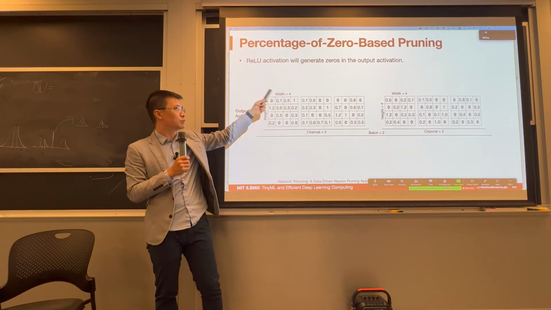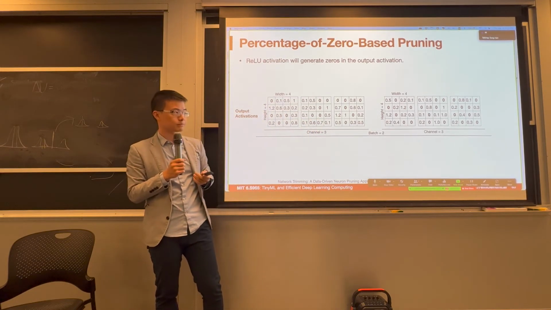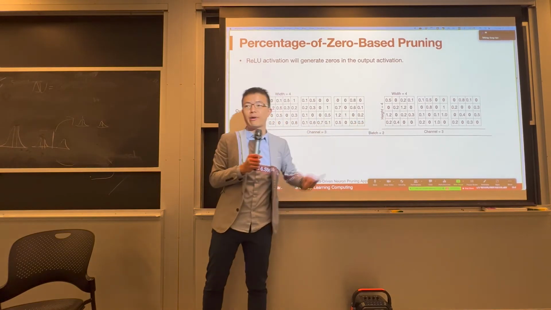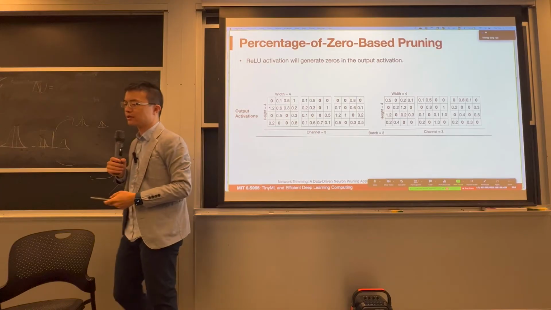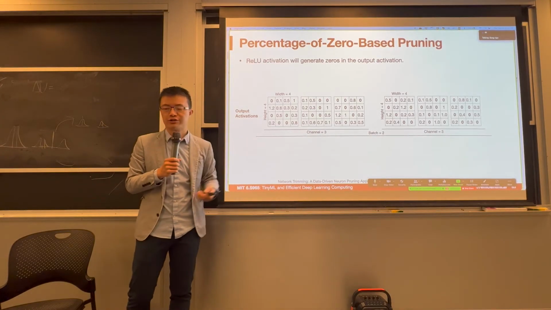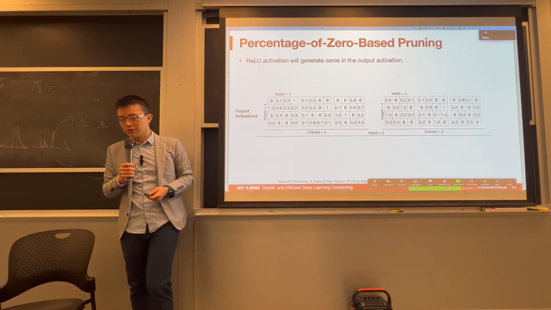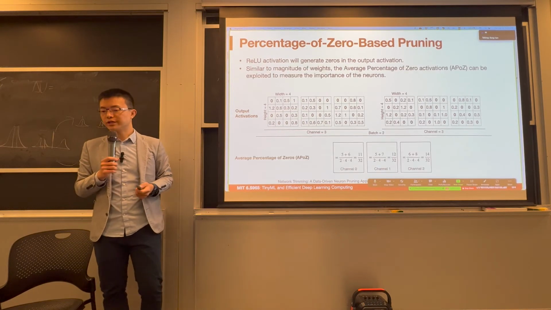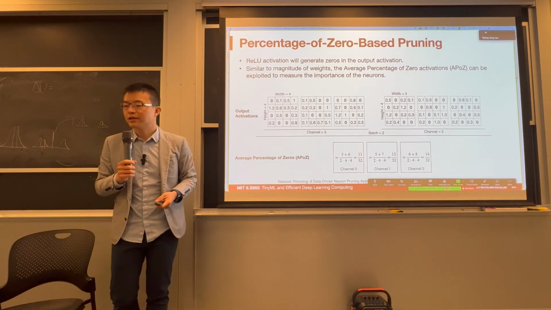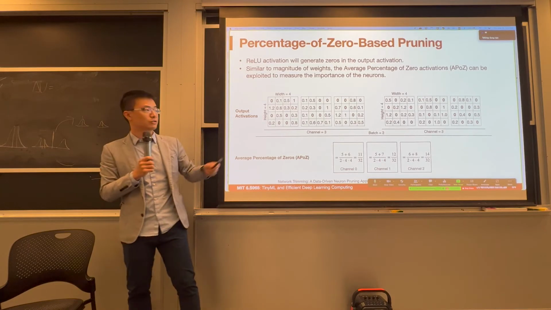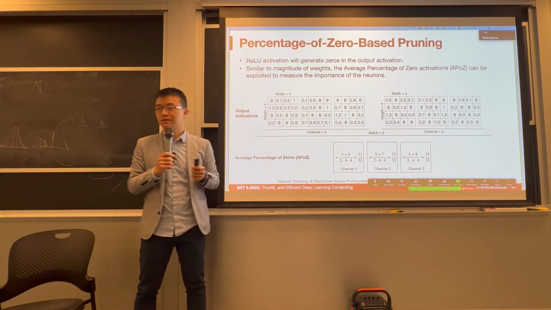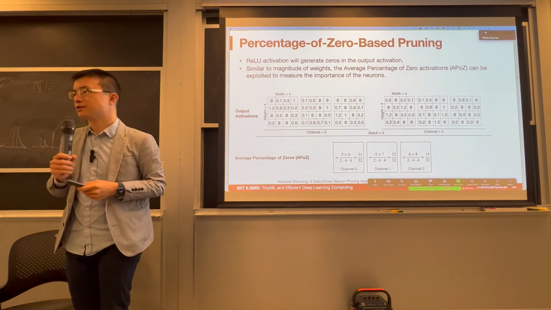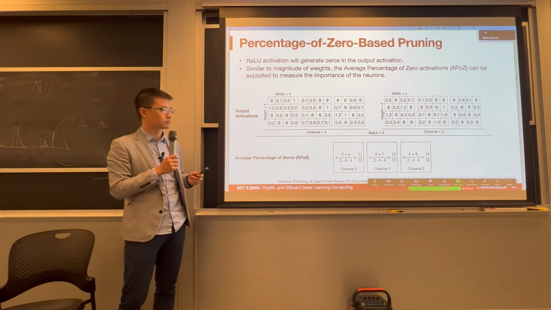If we prune this channel, since we are considering multiple images, the same pattern has to be applied to the second image since they are in the batch dimension. So percentage-of-zero based pruning is basically looking at the percentage of zeros for different dimensions and choosing the channel with the largest amount of zeros.